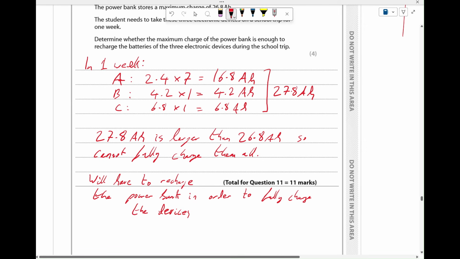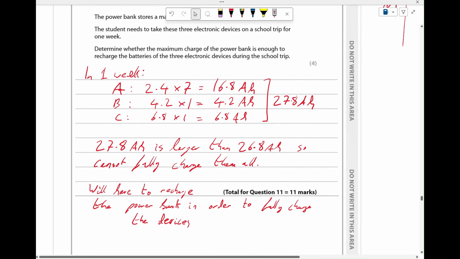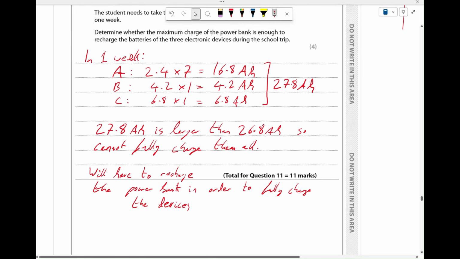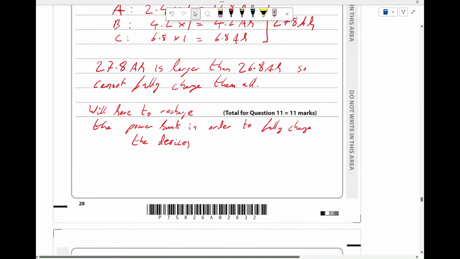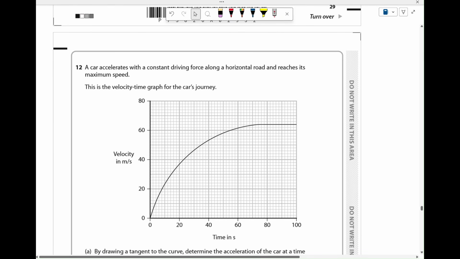It's a little bit unlucky that 27.8 is so close to the 26.8. For me, if you're going for a week, you actually only need to charge it 6 days, but yeah, there we go, not massively happy with that question, but let's keep moving.